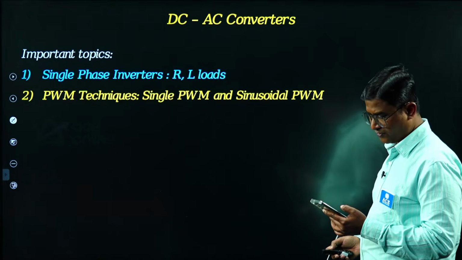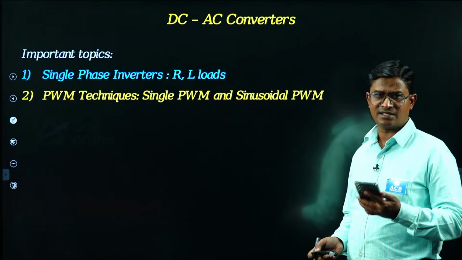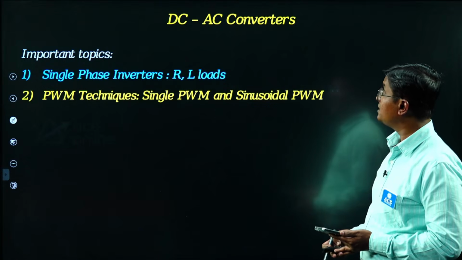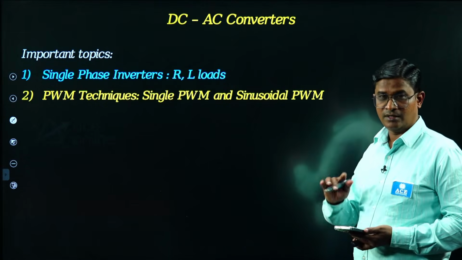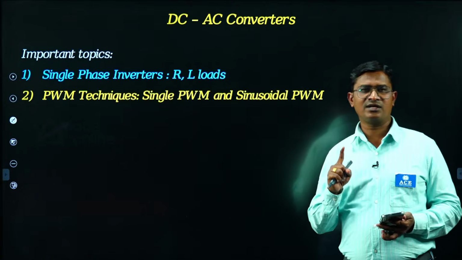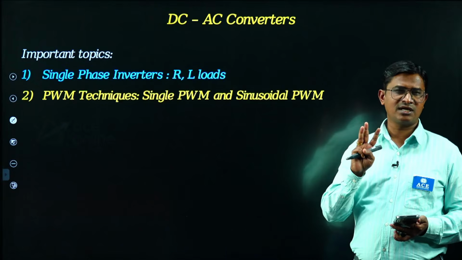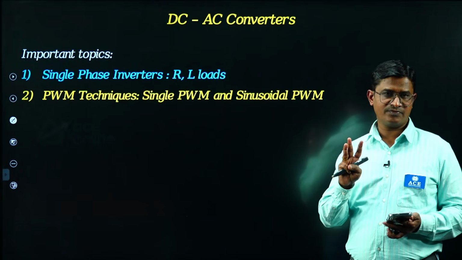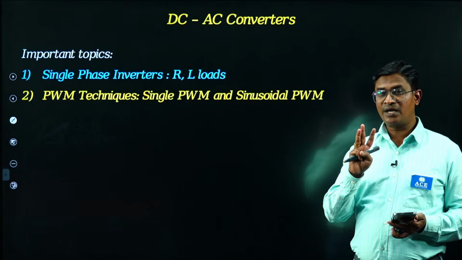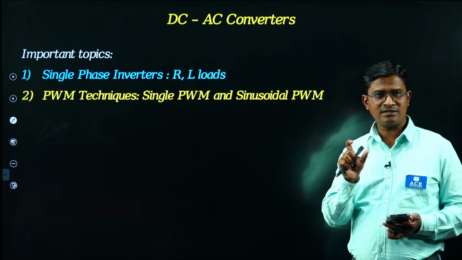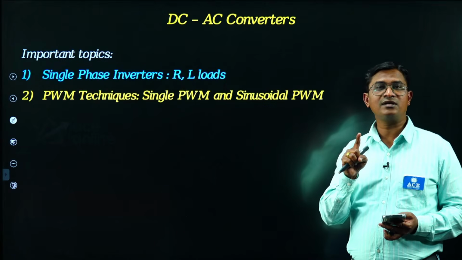And now let us discuss a few questions, I will take 10 more minutes, related to the DC to AC converter. DC to AC converter, power semiconductor devices, and DC to DC converter: these 3 chapters are comparatively easy to understand, with comparatively less content, and the weightage is also comparatively equal.